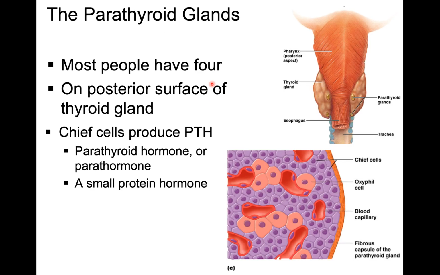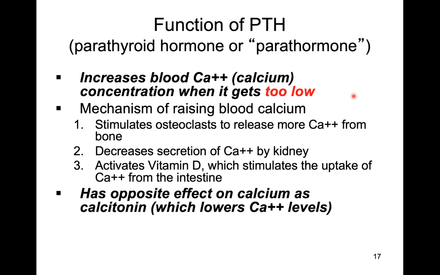So in this area, when blood travels through, there are chemoreceptors that say, hey, your blood calcium is too low. It signals the parathyroid gland to produce parathyroid hormone, and parathyroid hormone is going to somehow, some way, increase your blood calcium levels. There are 3 main ways for this to be done.